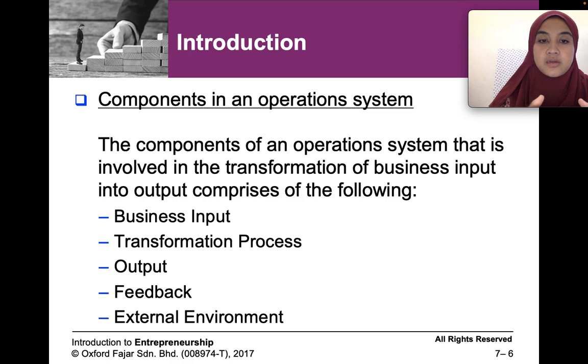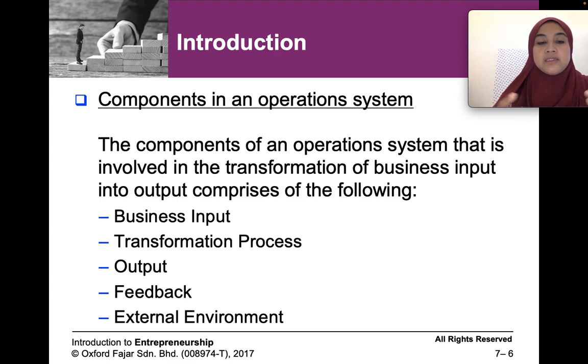It can be any kind of process, including if you want to bake a cake and sell it in the market. So the transformation process is the process to bake a cake, and the output is the cake, the end product, the product or services.